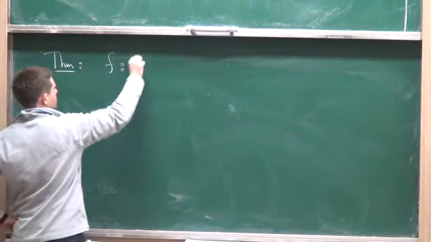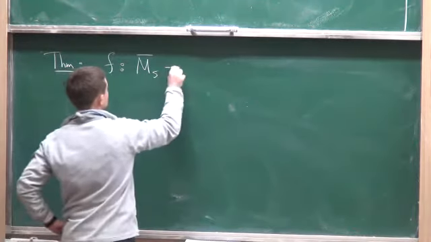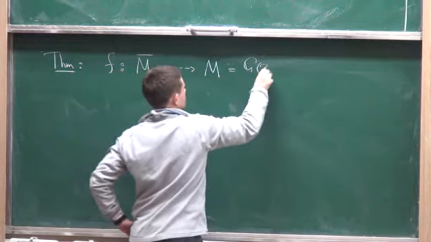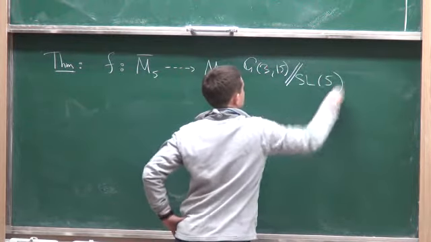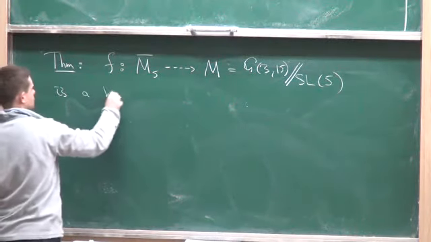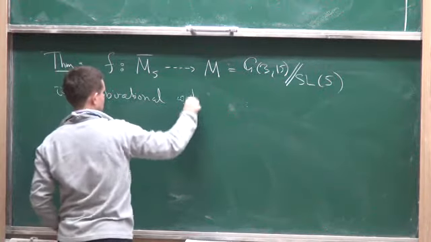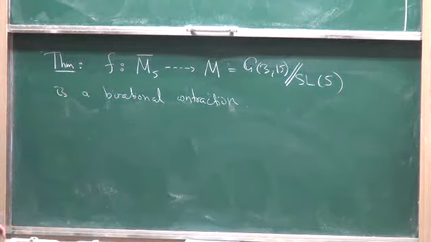Well, there is a rational map by construction from M5 bar to our GIT quotient M. And we show that this is a birational contraction. Namely, it's birational and it is a contraction. That is, the inverse map does not have any exceptional divisors.